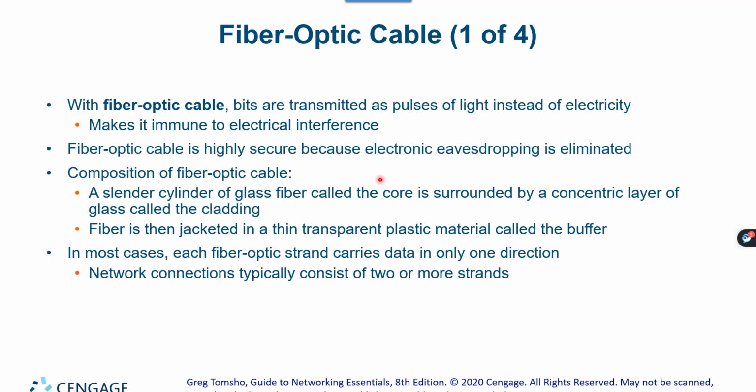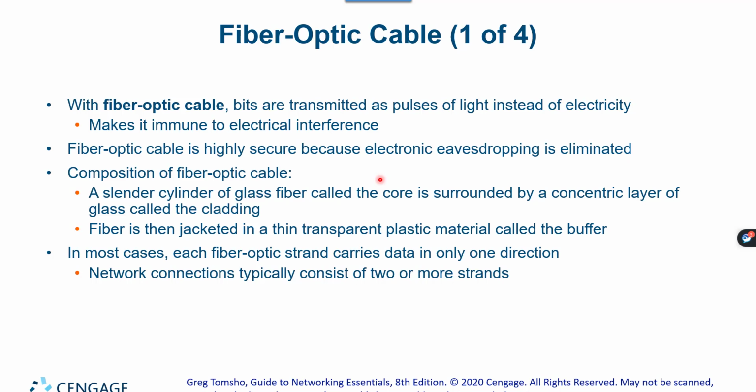Inside of a fiber optic cable, we have a cylinder of glass or plastic called the core. It's surrounded by another layer of glass called the cladding. The cladding is going to reflect the light back into the cable because the light's not going to travel in a straight line. Remember, light travels as a wave.